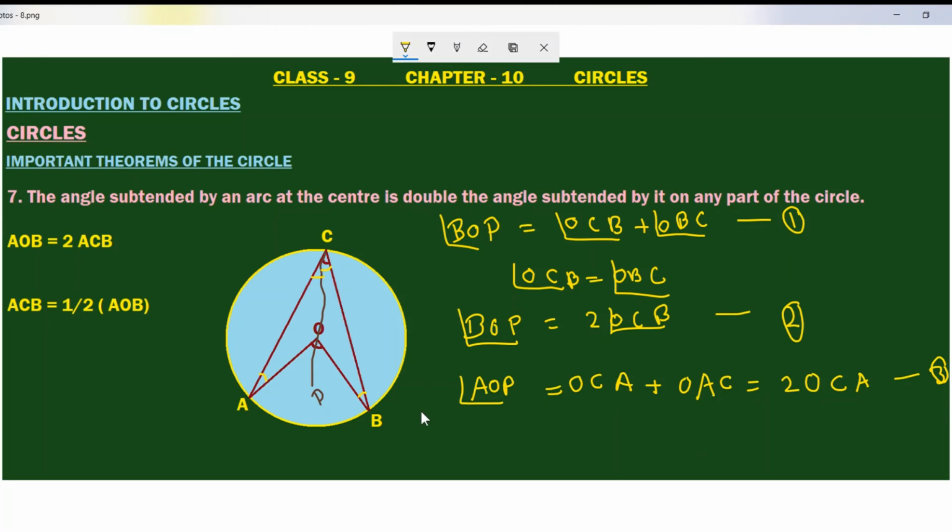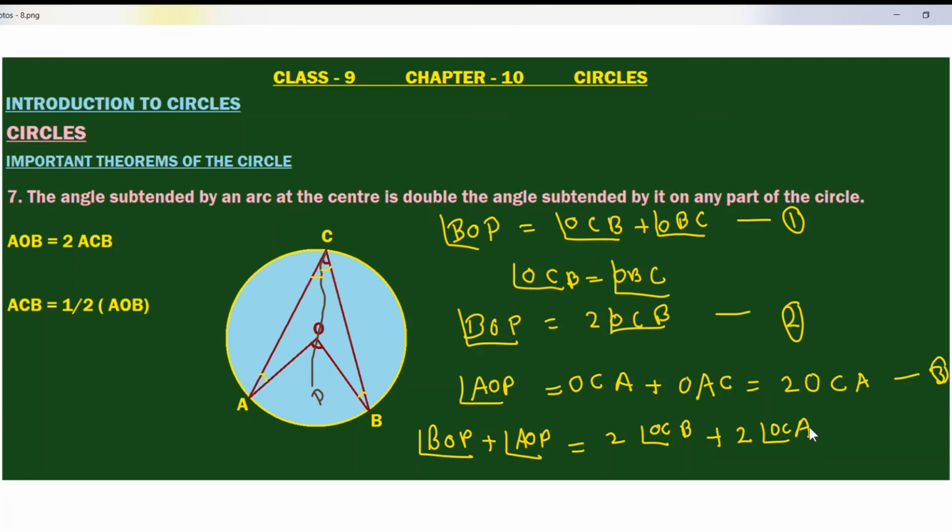What I am going to do now, we are going to add these two angles because we need AOB. Okay, if we add AOP plus BOP, we will get AOB. So I am going to add these two equations, angle BOP plus angle AOP. Angle BOP is equivalent to 2 angle OCB plus angle AOP is equivalent to 2 OCA.